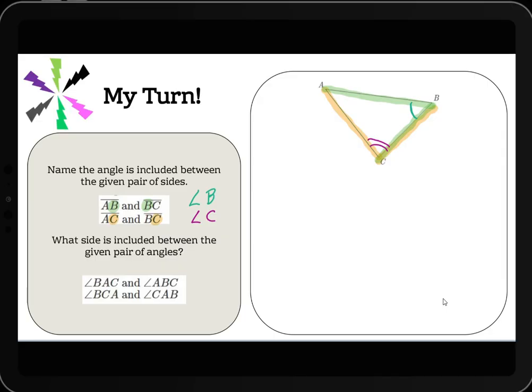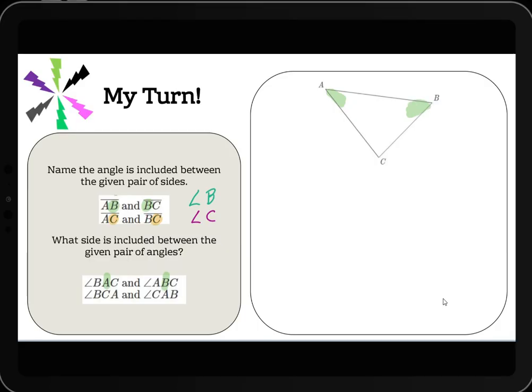Now the other setup here deals with the angles instead, right? So I'm going to go ahead and erase this information here. Okay, so BAC is this angle right here, and I know that because A is the middle letter, the middle vertex. And that would be this angle right here.